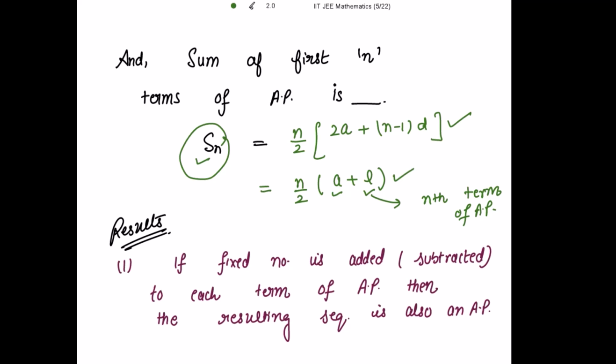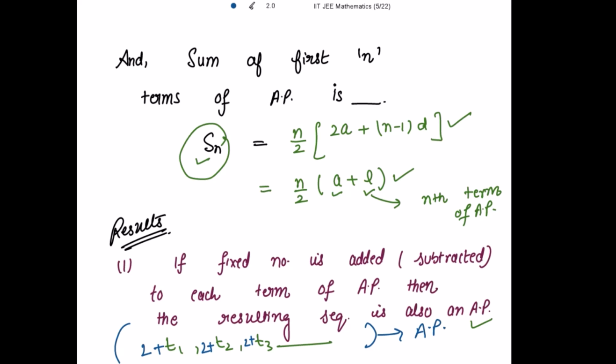Next, what are the results we can get from the arithmetic progression? If a fixed number is added or subtracted to each term of an AP, then the resulting sequence is also an AP. So if I am having the AP sequence T1, T2, T3, and so on, and I add any number, suppose I add 2 to each of the terms, then the resulting sequence is also an AP sequence.